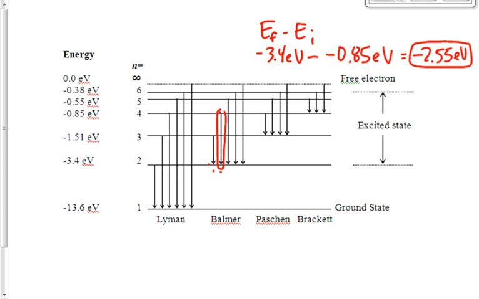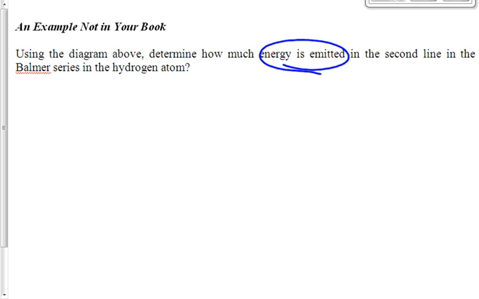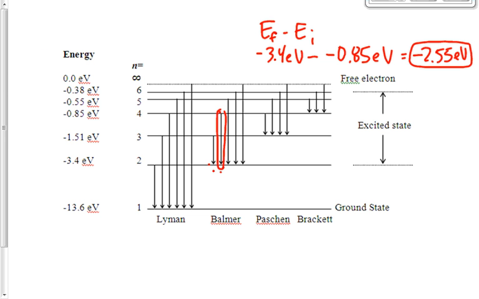You weren't asked this in this question, but let's pretend you were for a second. What if it said, what was the frequency of EMR released? What was the frequency of EMR produced here? Anyone want to take a stab at that? It's not a hard question. When an electron makes a transition from 4 to 2 or any other higher level to lower level, a photon will be given off.